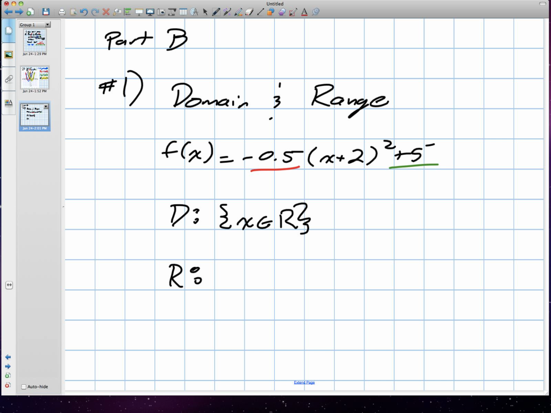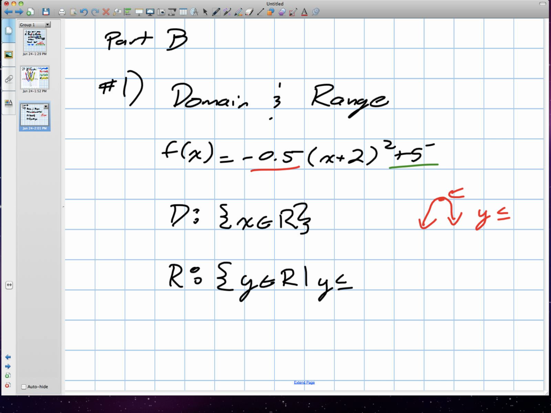So that's going to tell us that it has a max. In other words, we know that y is going to be less than whatever this value is, the highest point. We know that y is in the real numbers such that y is less than or equal to, and this is where the K is important. The K value is the y value of the vertex.